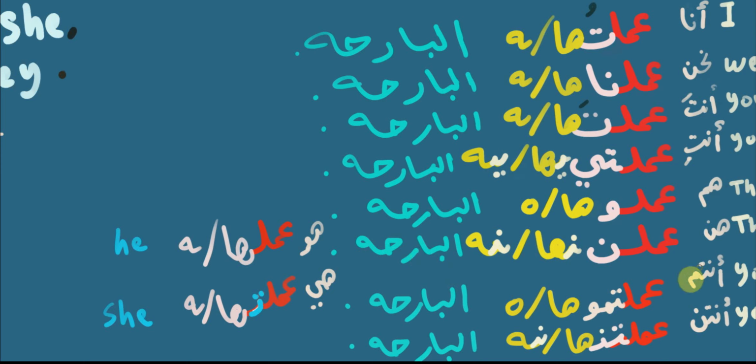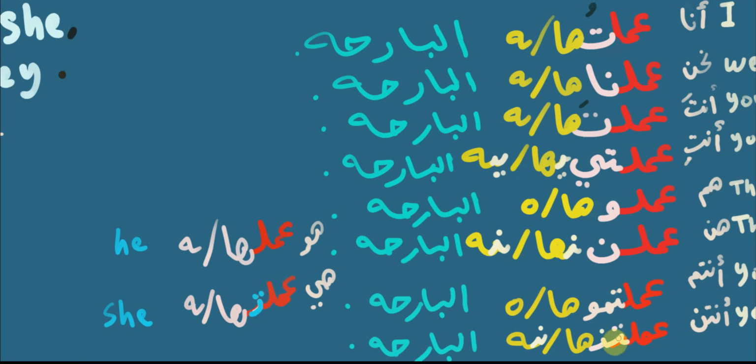أنتم, which is second person plural, you, masculine, you say عملتموها البارحة. If you're talking about a feminine thing, عملتموه البارحة. This أنتن here is the second person plural feminine. أنتن عملتنها.